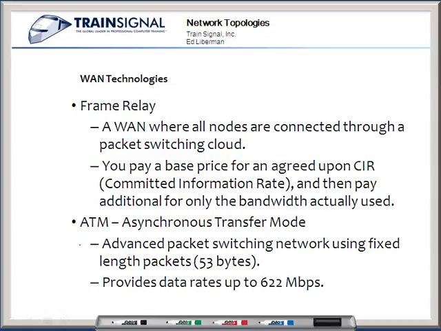It's been known to be double that, a little over a gigabit through compression. So, ATM, the main thing I want you to remember is the two bullet points I have here: 53 byte fixed size packets and data rates up to 622 megabits per second.